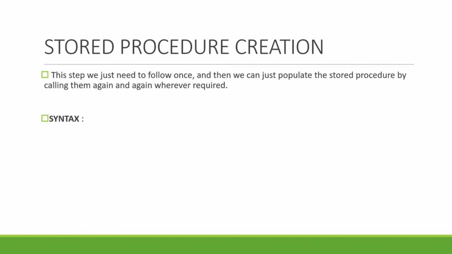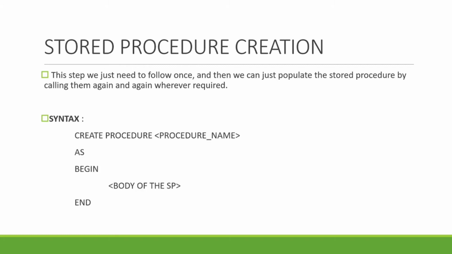If I look at the syntax we follow in creating a stored procedure, it is very simple. First we write create procedure and then the name of the procedure. It can be anything, you just have to give it a relevant name that you can use in a later part and so you can understand the code as well.